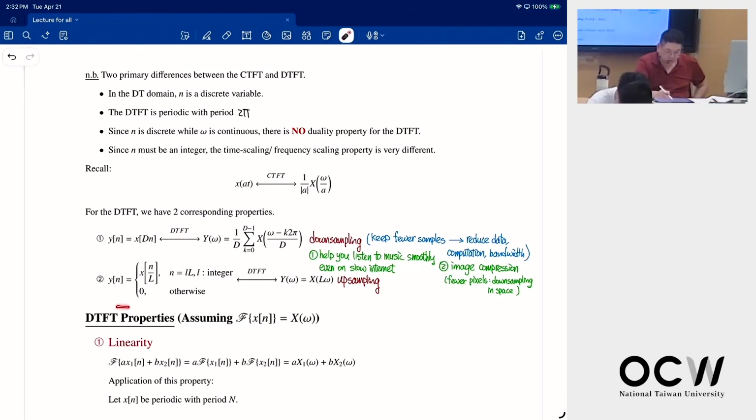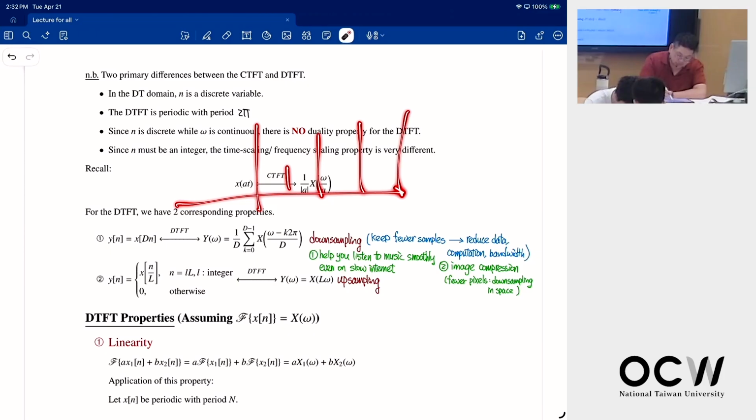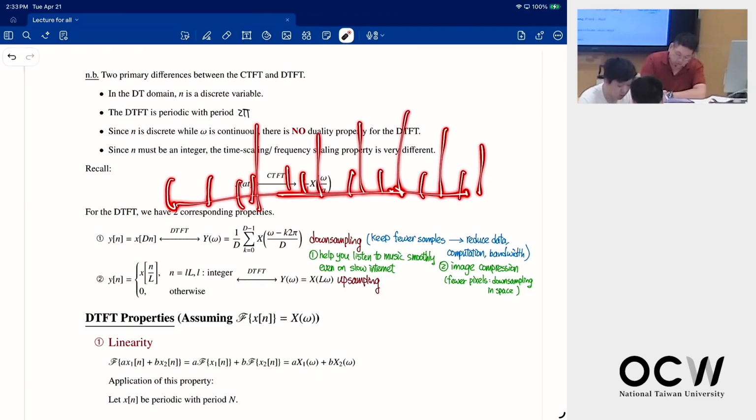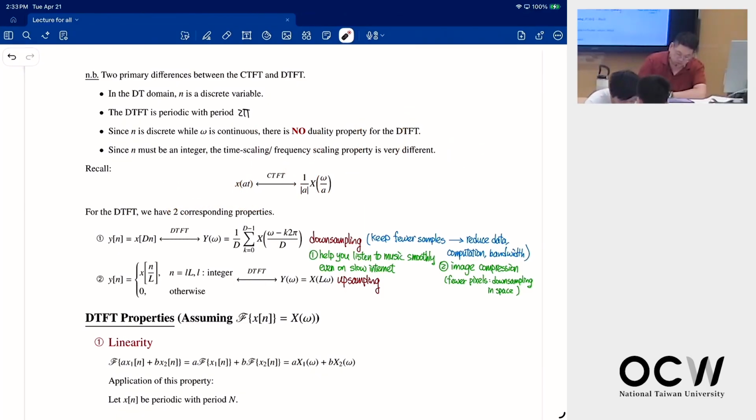If you do the upsampling, that is the other way. So with upsampling, you will get more data. Instead of only these signals, you get more because you are doing the upsampling here.